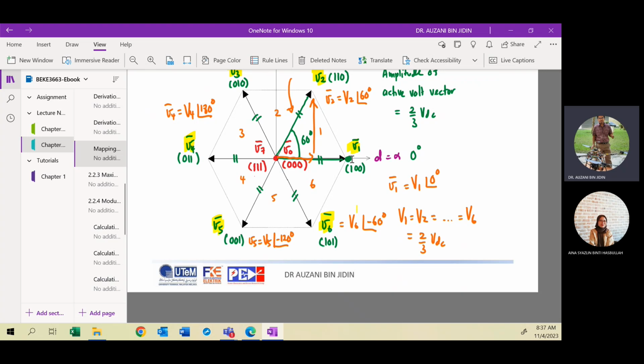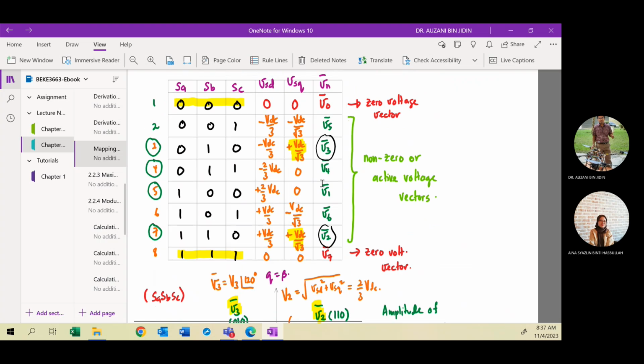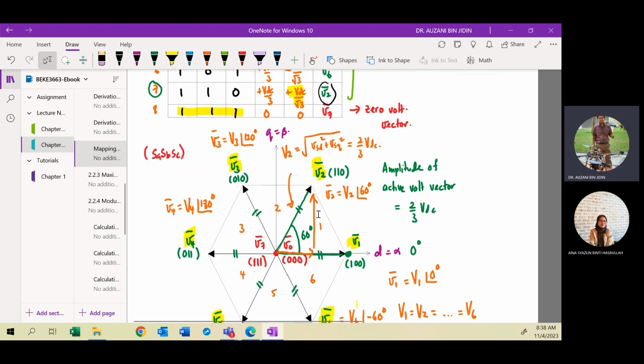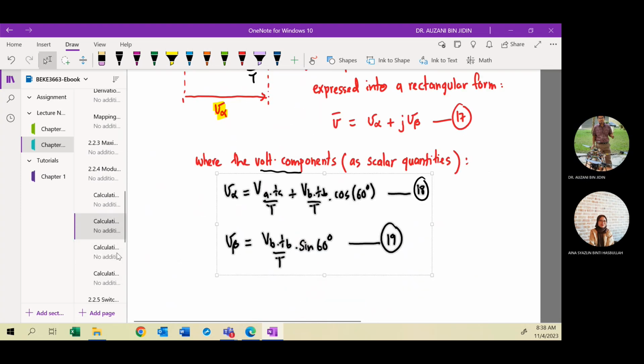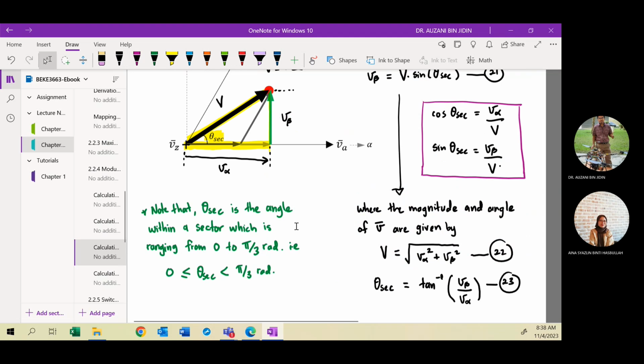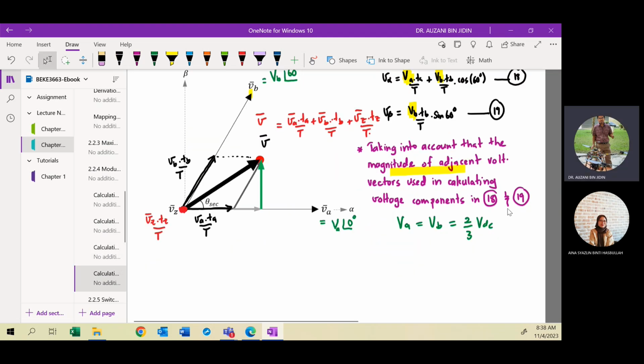The D component of V1 is 2/3 VDC. So we can consider all the magnitude values for each active vector to be 2/3 VDC, 2 divided by 3 multiplied by VDC. Okay, clear? So this one is 2/3 VDC. All right, so this is the equation. How many equations do you have now? 23. Then here is equation 24.